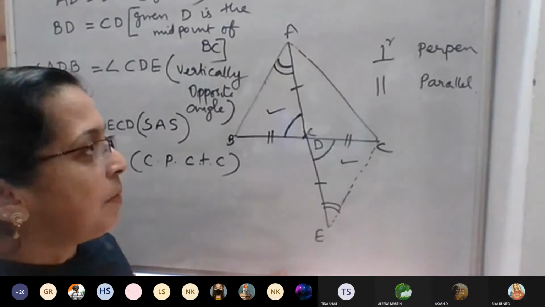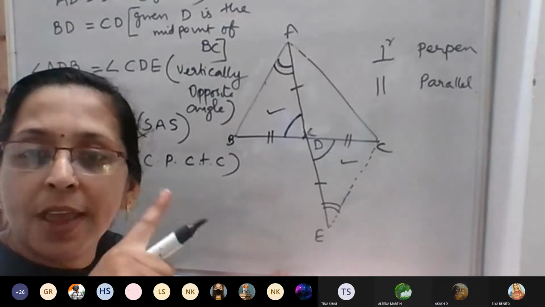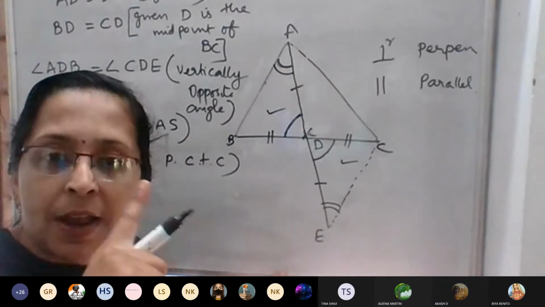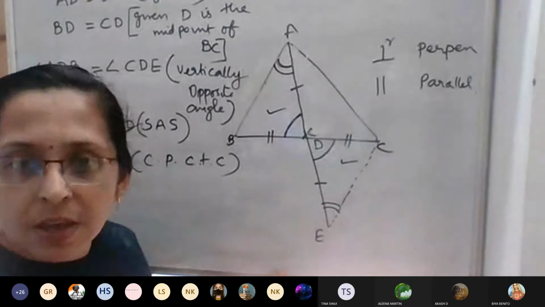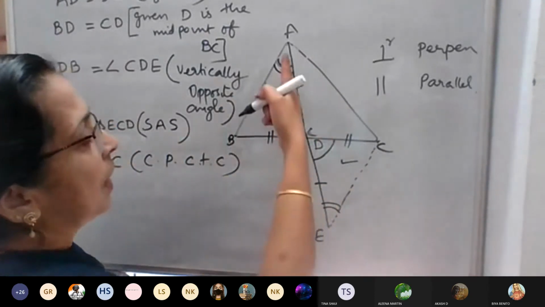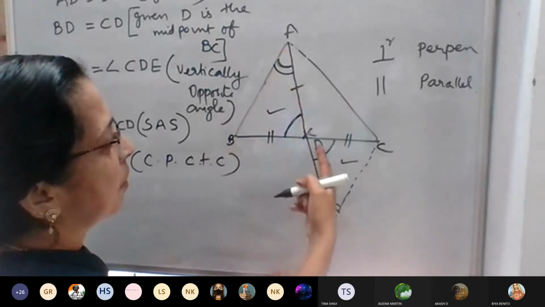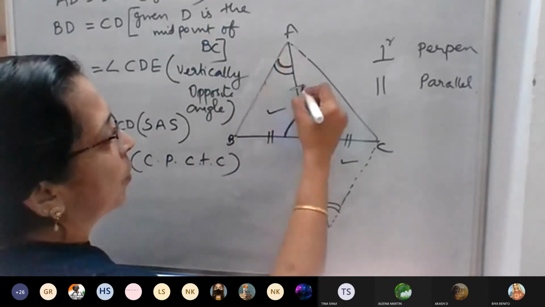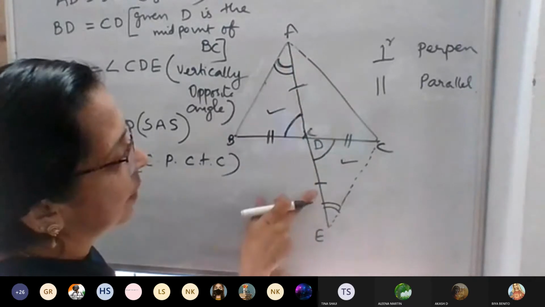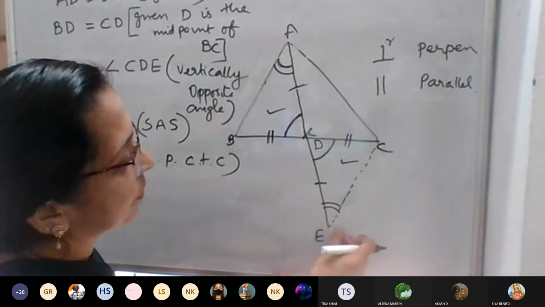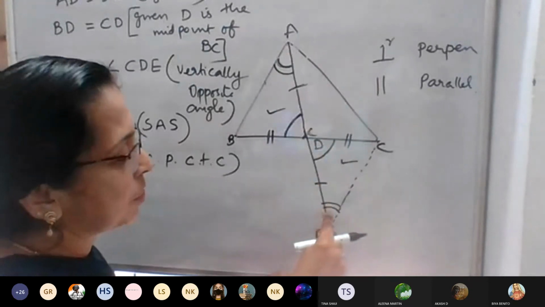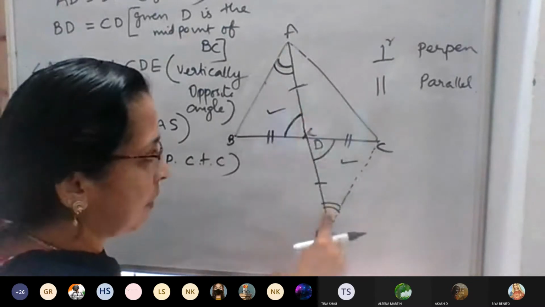CPCTC. That means if we already proved that two triangles are congruent, all the angles, all the sides are equal. That means corresponding parts of congruent triangles are congruent. So angle A corresponding, if you are considering ABD, one line and without any line means this angle only, E. So angle A corresponds to angle E. So these two angles will be equal.